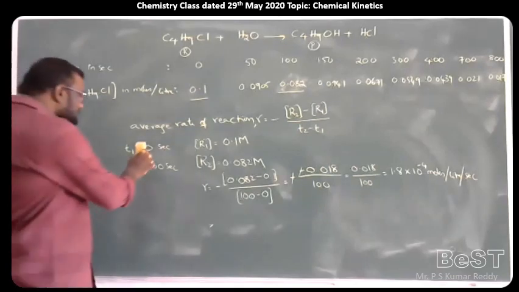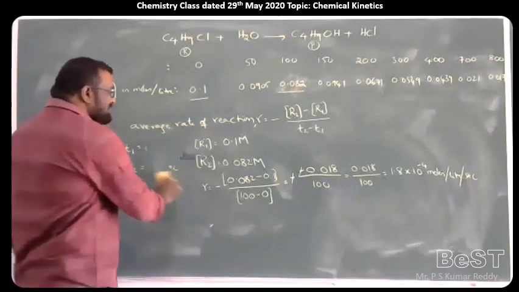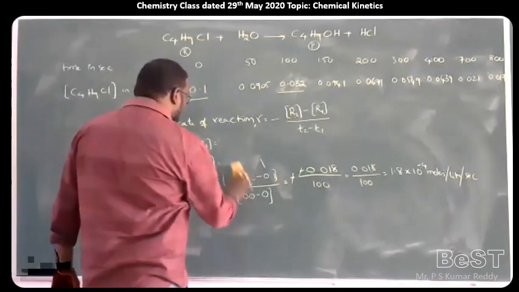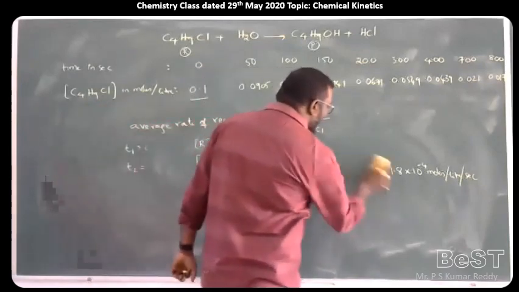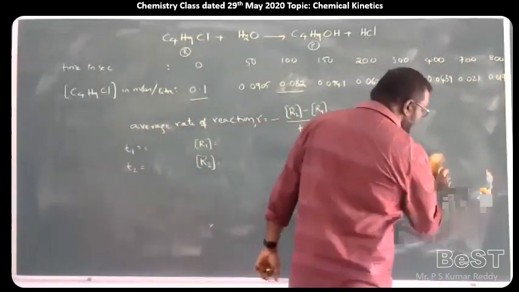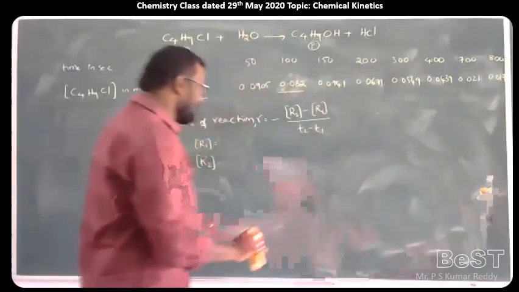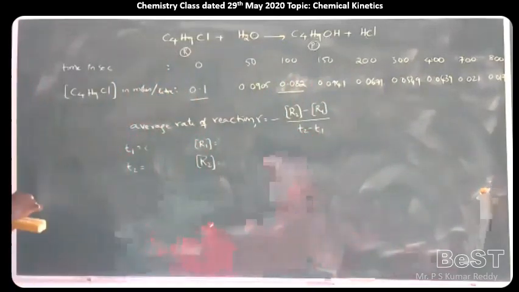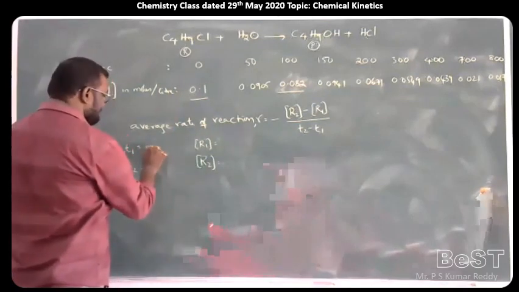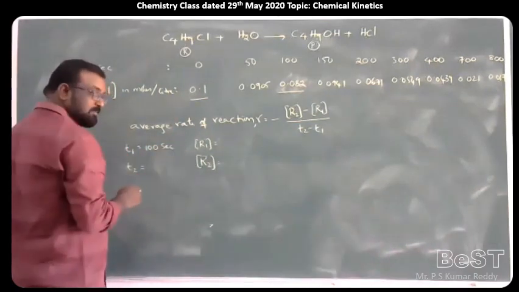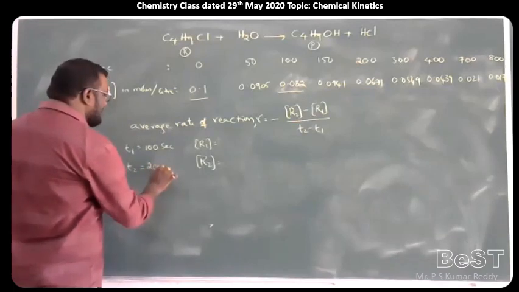Now let us change the T1 and T2 values, followed by the R1 and R2 values. Let us calculate the average rate at different values now. Here, let us take T1 as 100 seconds and T2 as 200 seconds, for our convenience.